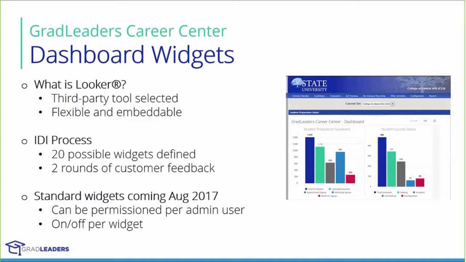We've gone through a customer feedback process. IDI is an interview process whereby we laid out approximately 20 possible widgets that might be built into the product. We did round one of customer feedback in the early spring. We're now finishing up building those widgets, and we're going to go through round two of customer feedback in the mid-July timeframe.